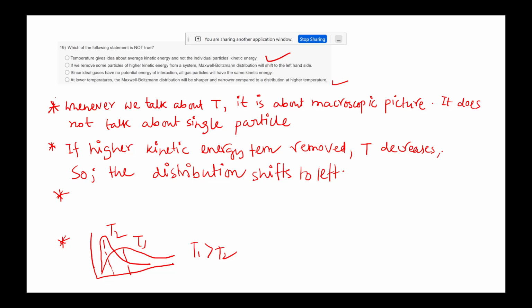That says since ideal gas has no potential energy of interactions, all gas particles will have the same kinetic energy. This is patently wrong because we have said that the velocity has some distribution, right?